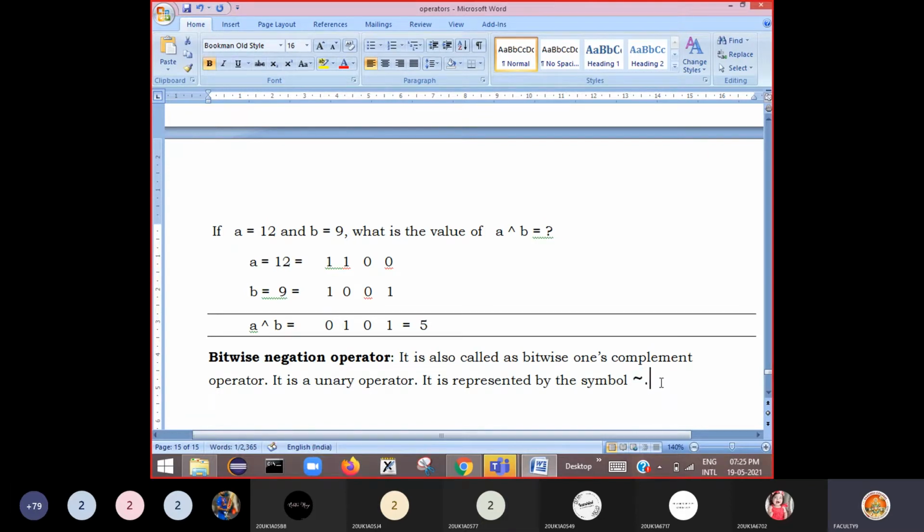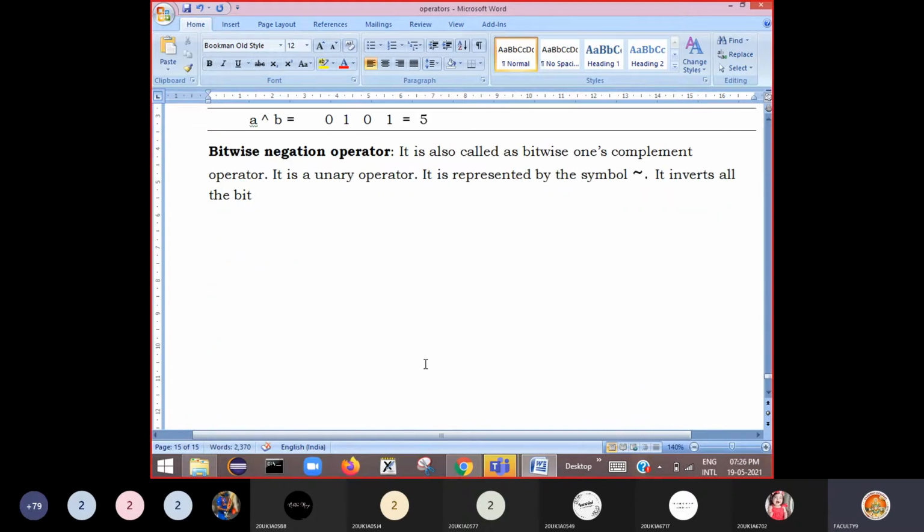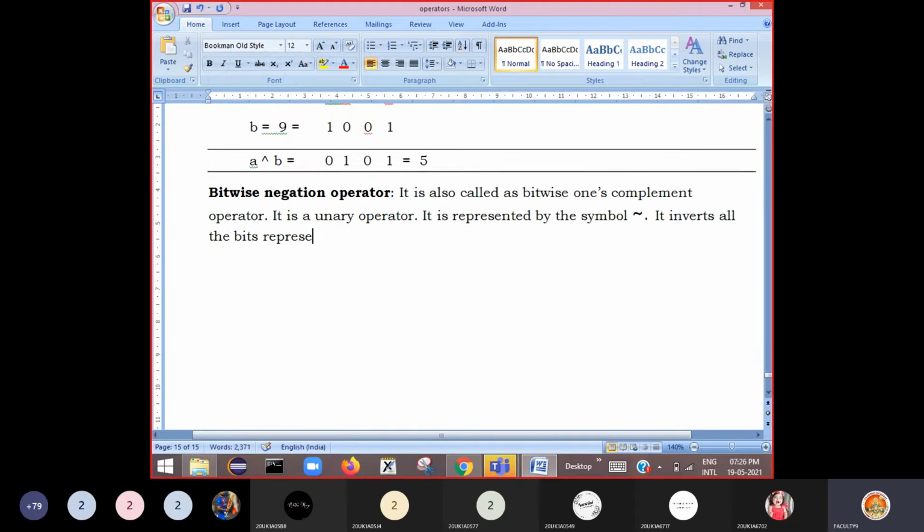Okay, so what does it perform? Let me just make the changes here, font size. What it will do is invert all the bits represented by its operand. Let me move the screen up so that you can see.